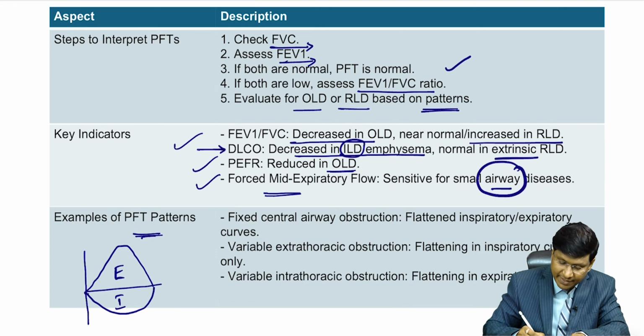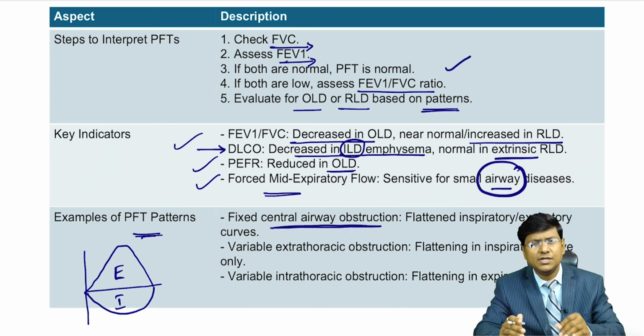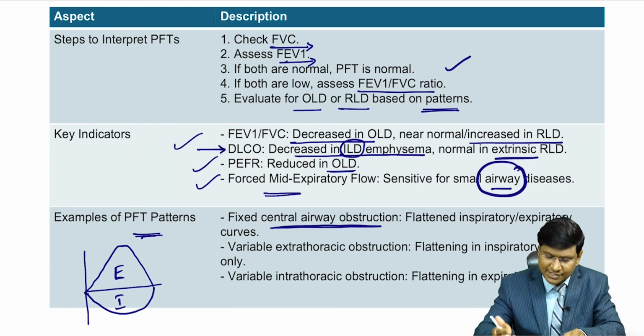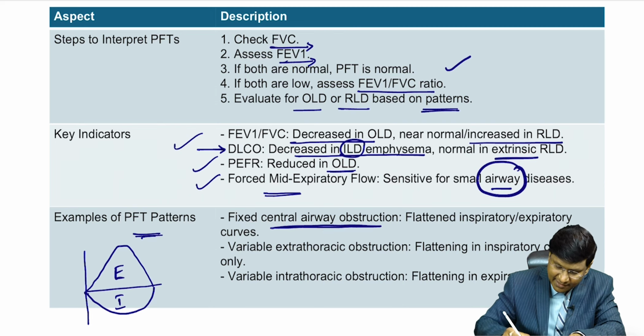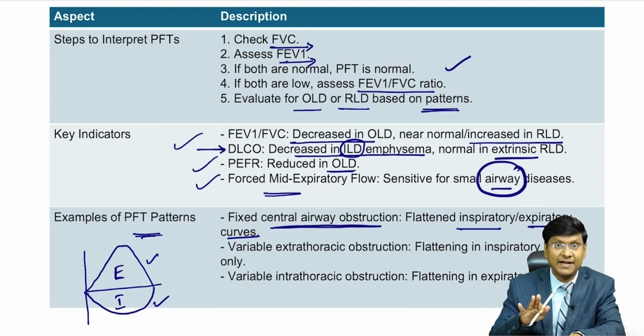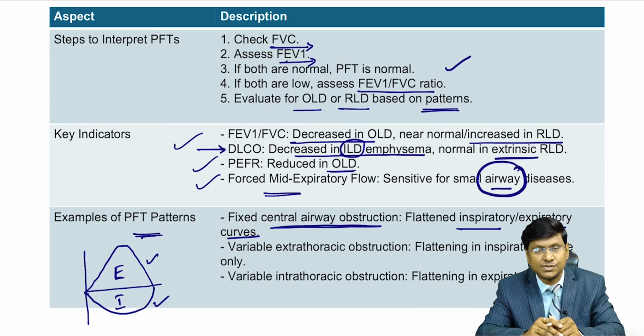Now, in case of a fixed central airway obstruction, where do you get this? For example, in tracheal stenosis. In tracheal stenosis, you will have flat inspiratory as well as expiratory curves. These curves will be flat in the case of tracheal stenosis.